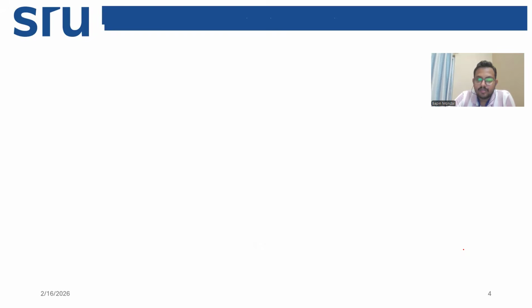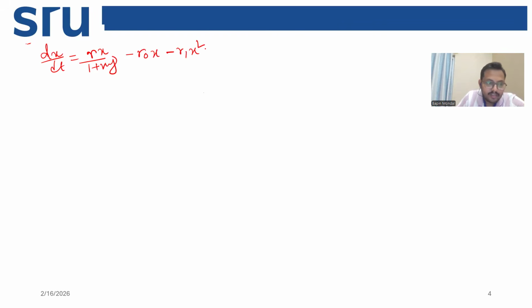So for this we consider a specific model, so we can learn better. We write dx/dt is equal to r x (1 plus k y) minus r0 x minus r1 x squared minus m x squared y by (a plus x squared).